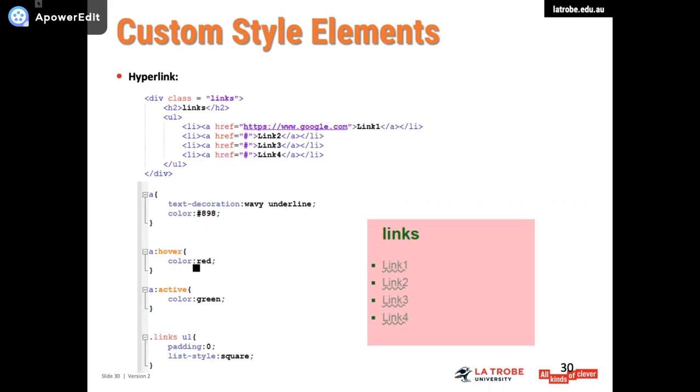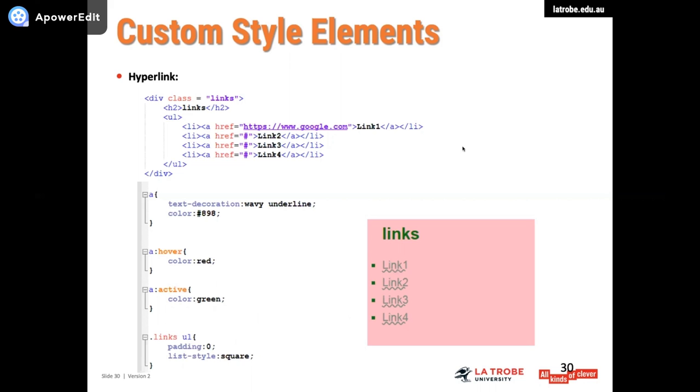And active means that once you click on this hyperlink, the color of the hyperlink will change. Also, if the hyperlink is in a list, we can change list properties like changing the bullet to square. I will show you hover as an example.